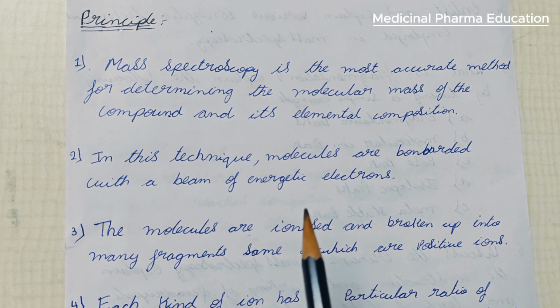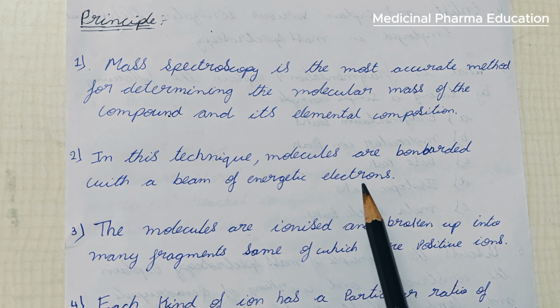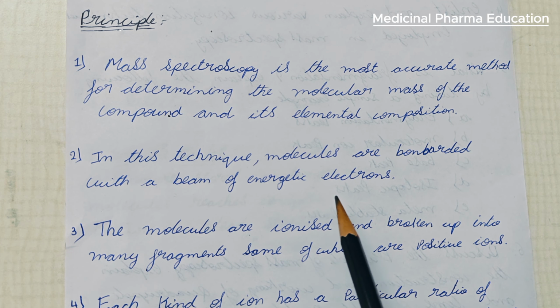In this technique, molecules are bombarded with a beam of energetic electrons. The energetic electrons will interact with the sample. Collision takes place between the sample molecules and the electrons. By this, fragmentation occurs.